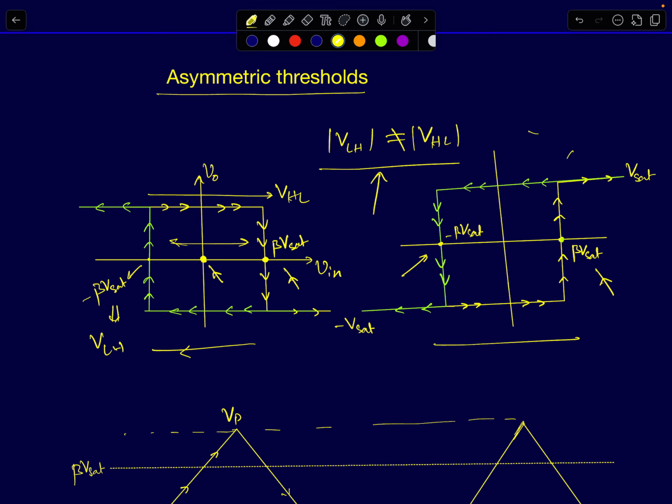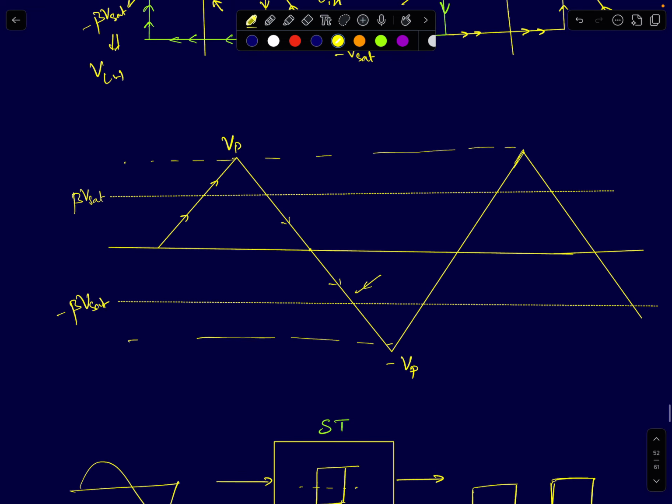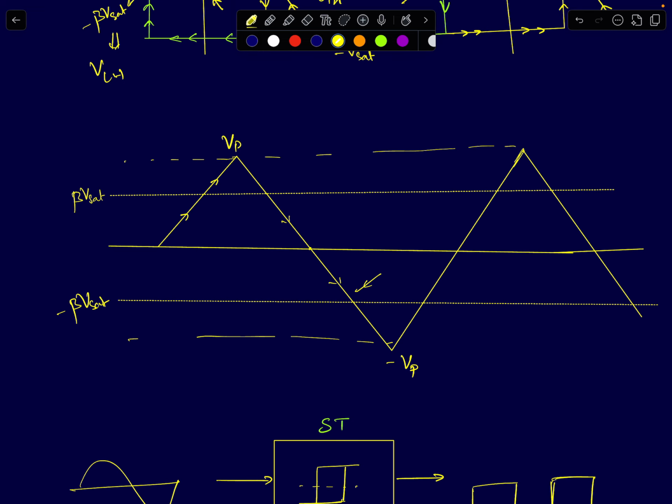So first, before we look at how to realize asymmetric threshold voltages, we'll understand the significance of these threshold voltages. What impact do these threshold voltages have on the output waveforms of Schmidt triggers? Now you should recall the main purpose of a Schmidt trigger.